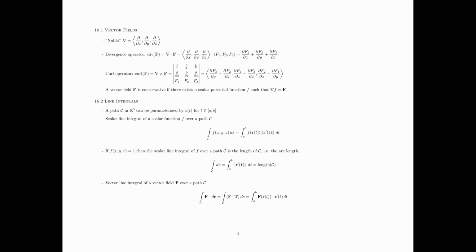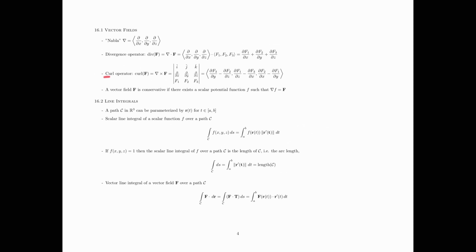So how much of the field seems to be flowing outward from that point versus inward. So a positive divergence means there tends to be more flow out, and a negative divergence tends to mean there's more flow in. And if it is a zero divergence, then at that point there's about an equal amount of flowing in, flowing out. But again, you will not need to use that interpretation.